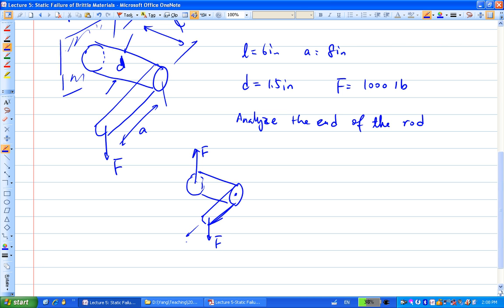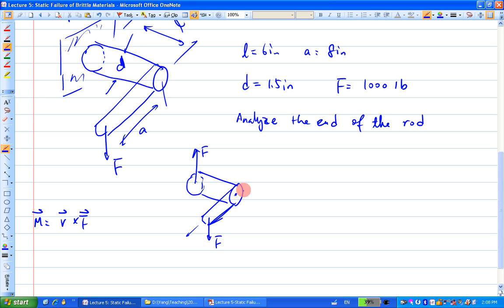Moment is r cross F, right? So always remember, moment is r cross F. When you draw from here to here, that's r, then r cross F is the moment.